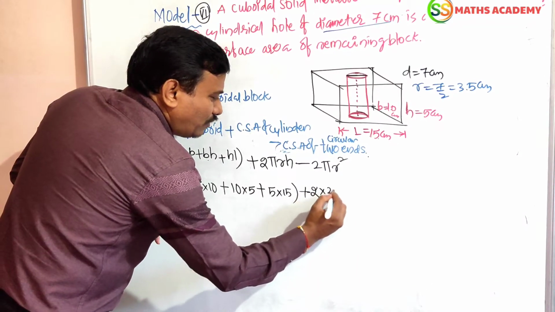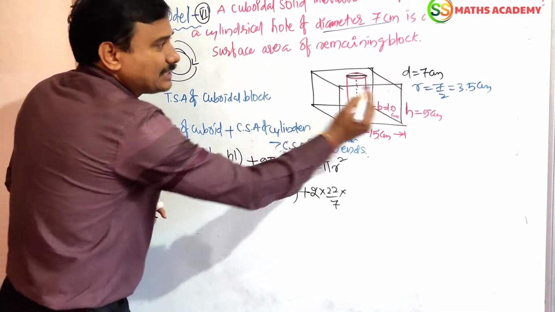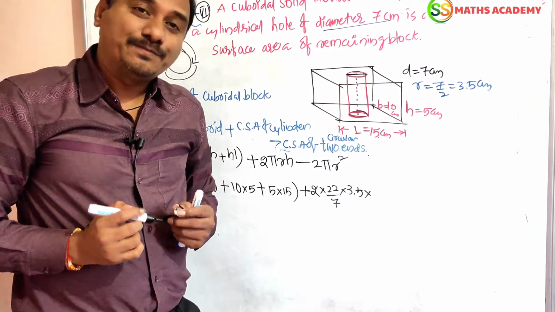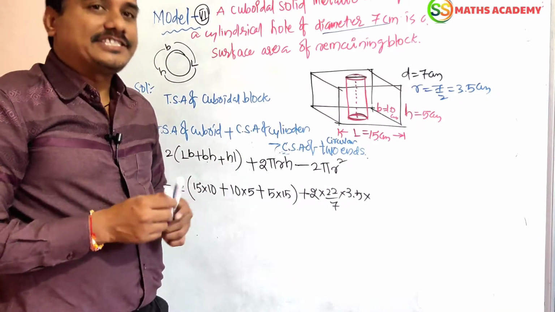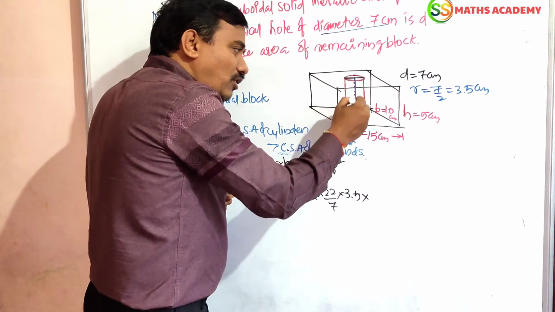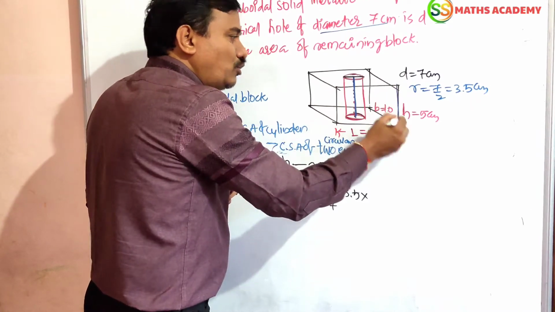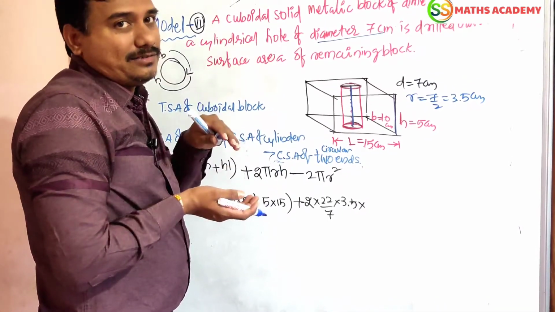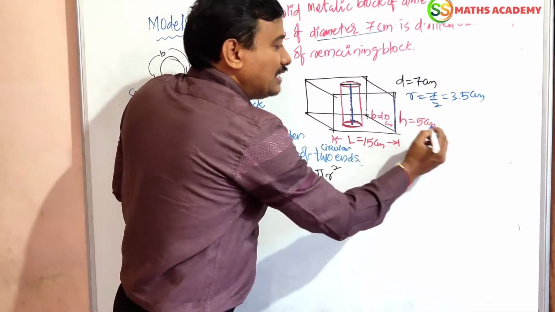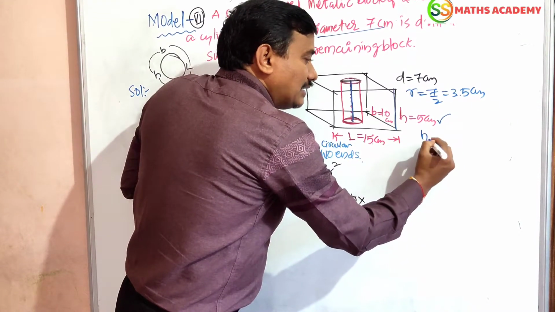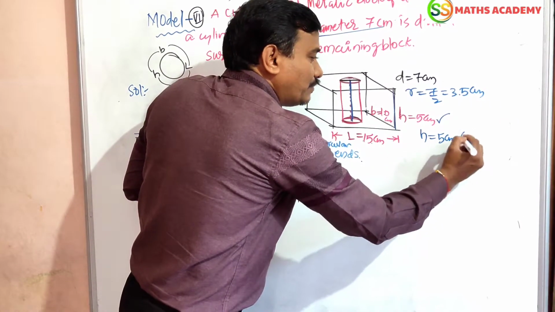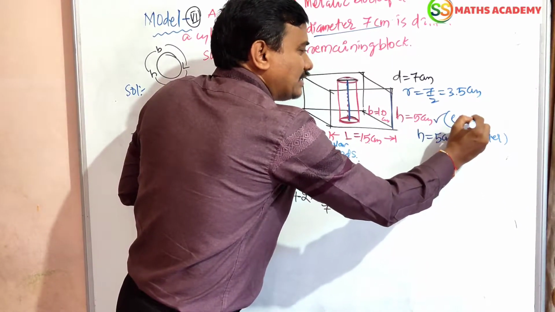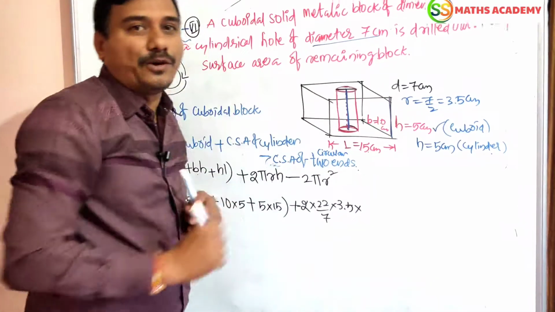Plus 2 into pi value 22 by 7, radius 3.5, here height, but height is not there directly. This is a very important point here. The height of the cylinder is nothing but the height of the cuboid. So this height is the same, the cylinder height is equal to the cuboid height. You keep it in your mind. This is a very important point.